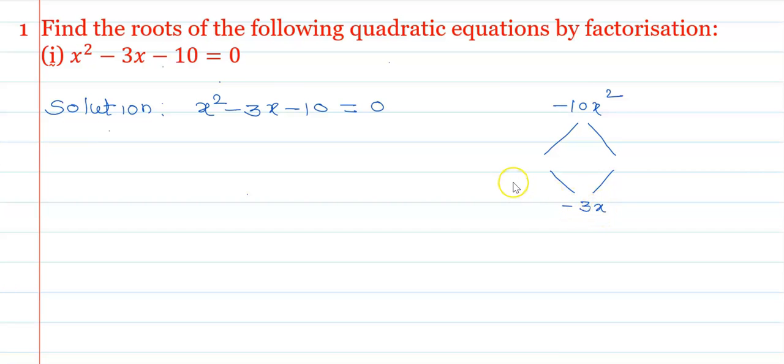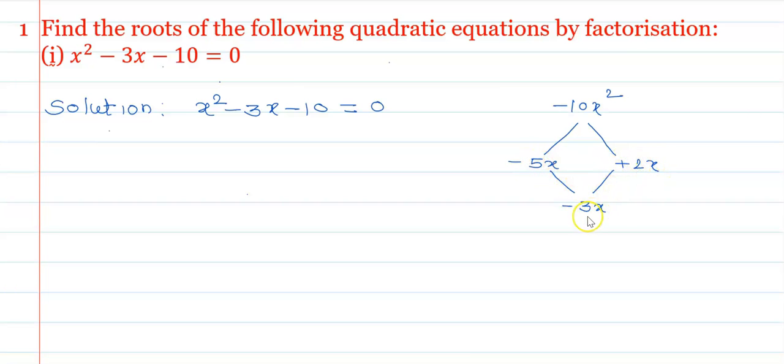Now find two numbers whose sum is equal to the middle term, minus 3x, and whose product is minus 10x square. Then the numbers must be minus 5x and plus 2x.